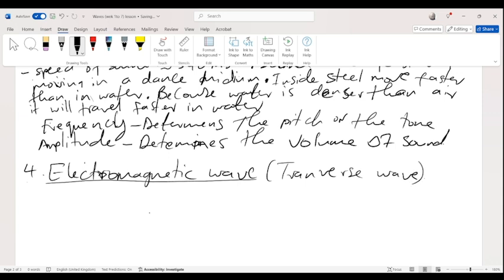I don't have a good depiction, but an electromagnetic wave has got two transverse waves moving in the same direction but are 90 degrees to one another.